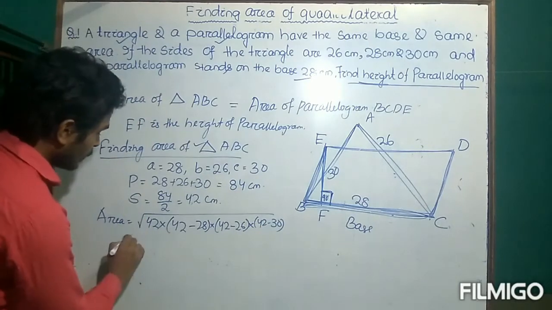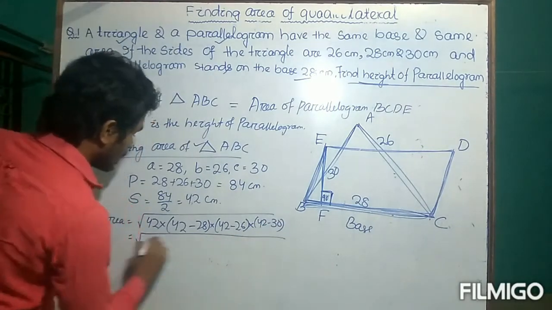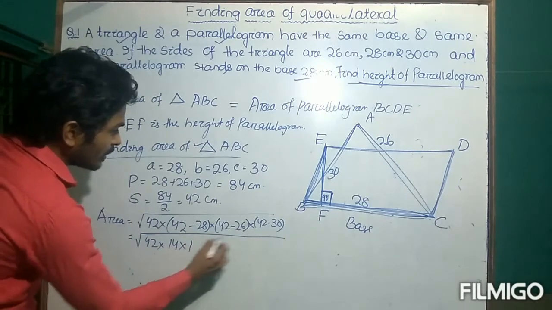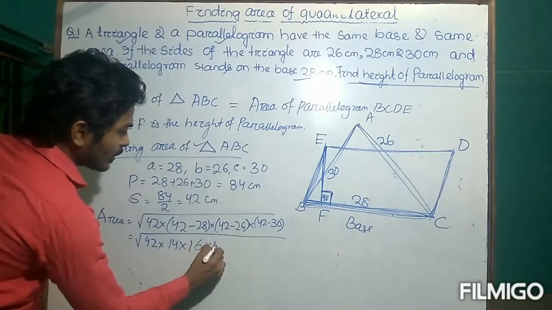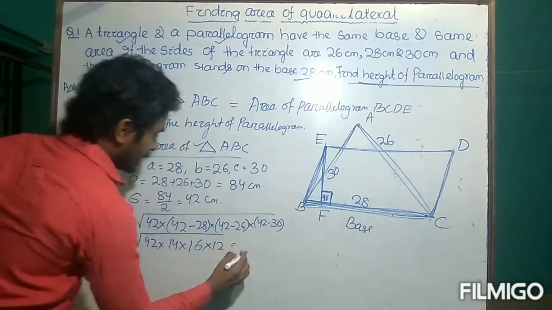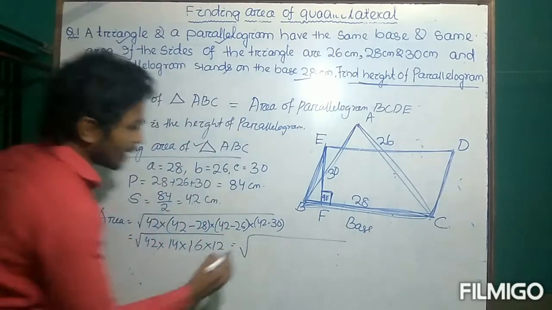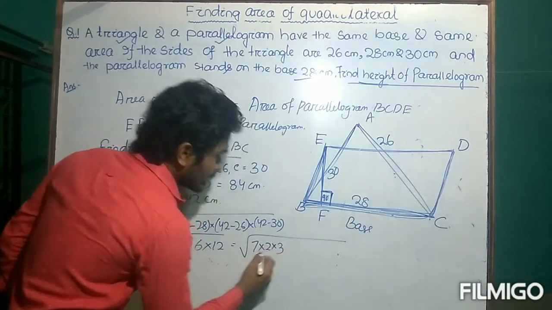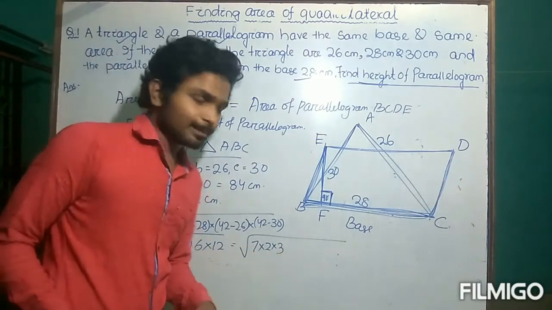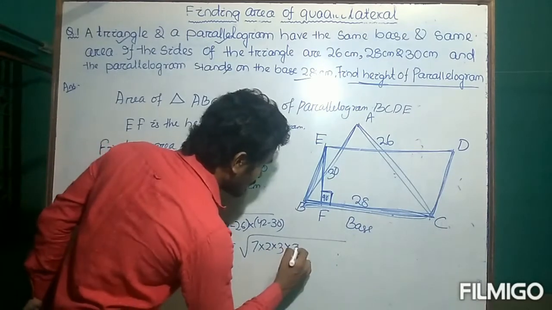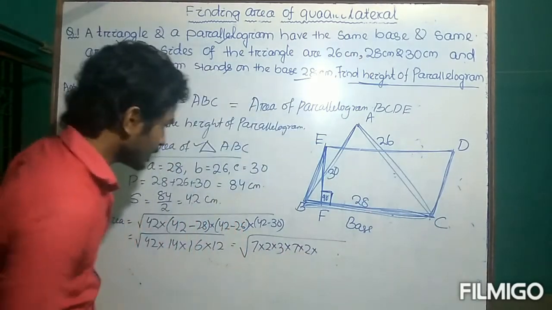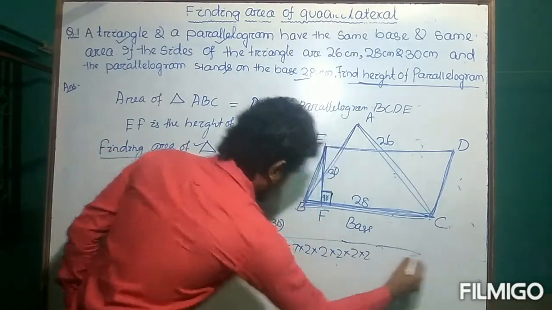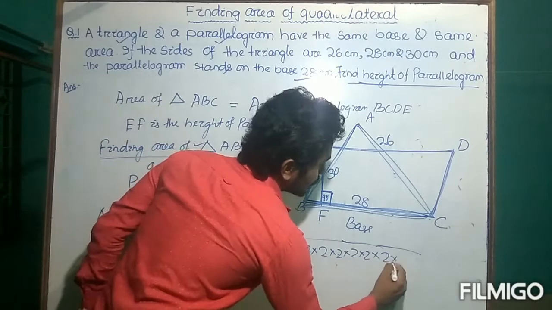So 42 into 14 into 16 into 12. After factorization, 42 is 7 into 2 into 3, 14 is 7 into 2, 16 is 2 into 2 into 2 into 2 and 12 is 2 into 2 into 3.